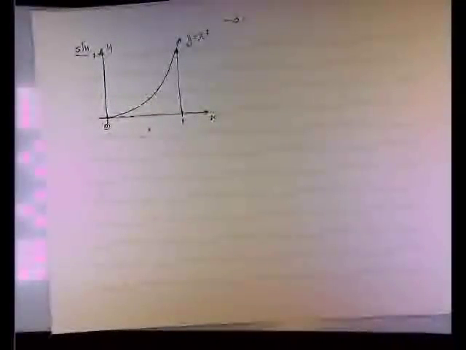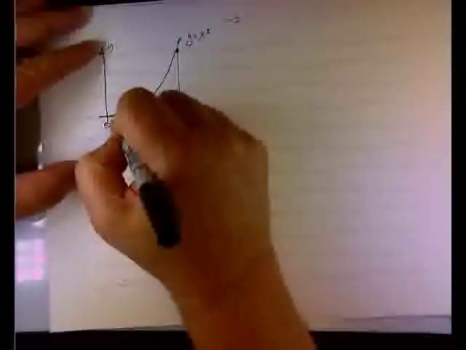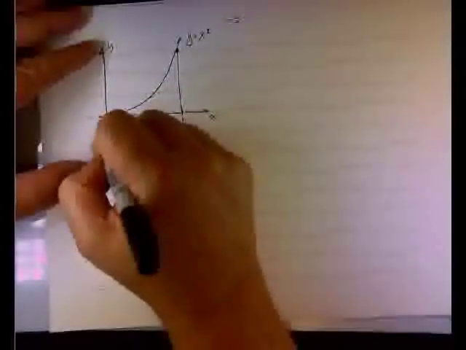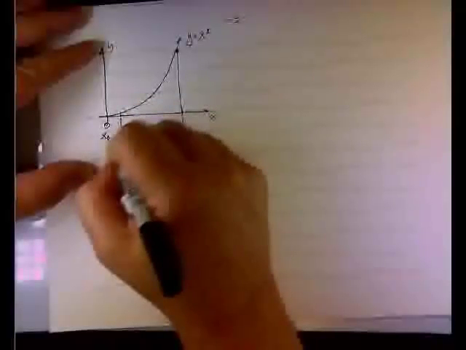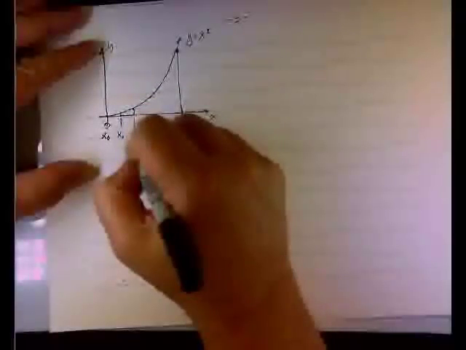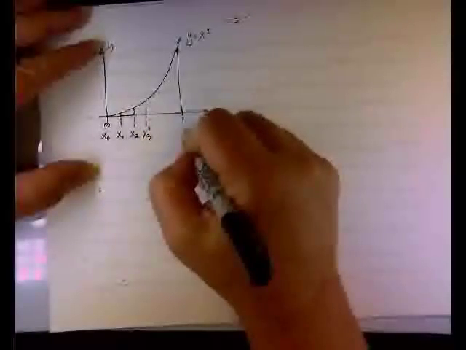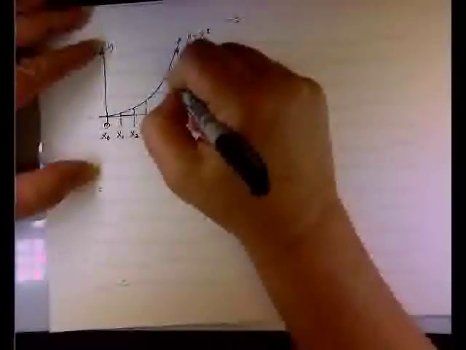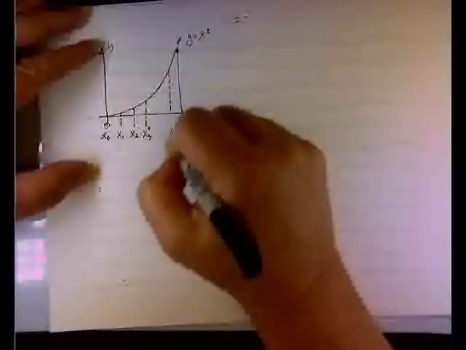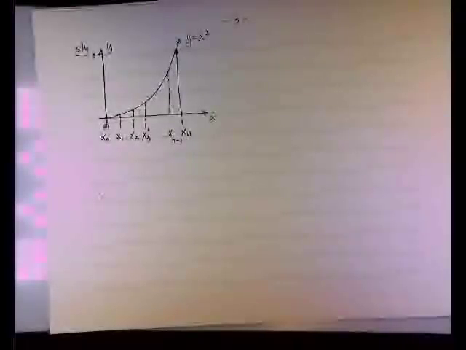And now what we're going to do is, I didn't give you a specific number of sub-intervals. So we're going to start with the first interval right there, and if 0 equals x sub 0, then the first interval will be x sub 1, the next one will be x sub 2, the next one x sub 3, the last one will be x sub n, and the one before will be x sub n minus 1. So I did some generic divisions.